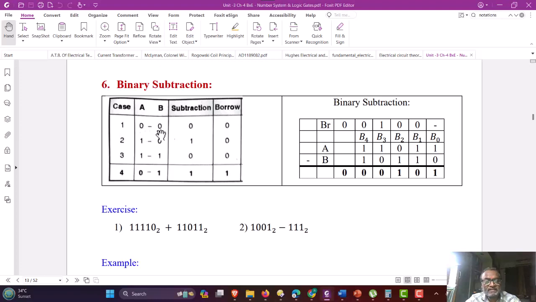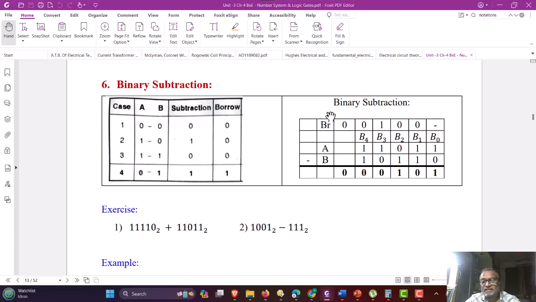When both the bits are 0, 0 minus 0, subtraction is 0 and borrow 0. 1 minus 0, subtraction is 1 and borrow 0. 1 minus 1, subtraction is 0 and borrow 0. 0 minus 1, the borrow is 1 and the subtraction is 1.